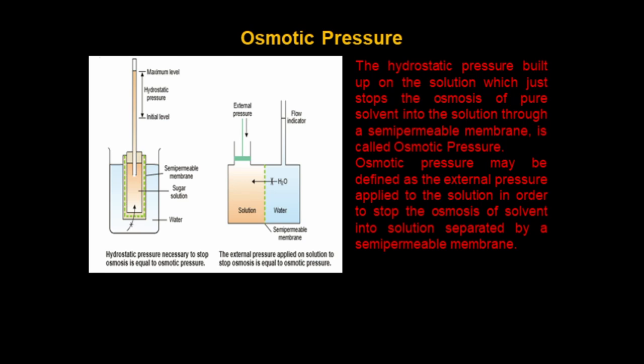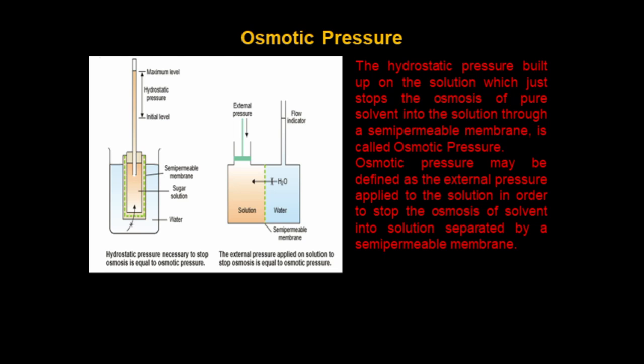This hydrostatic pressure exerted by the excess solvent in this tube hinders the osmosis of water into the semi-permeable membrane. This hydrostatic pressure prevents the water from entering the semi-permeable membrane. As a result, osmosis tends to stop. Therefore, thereafter the osmosis does not take place.